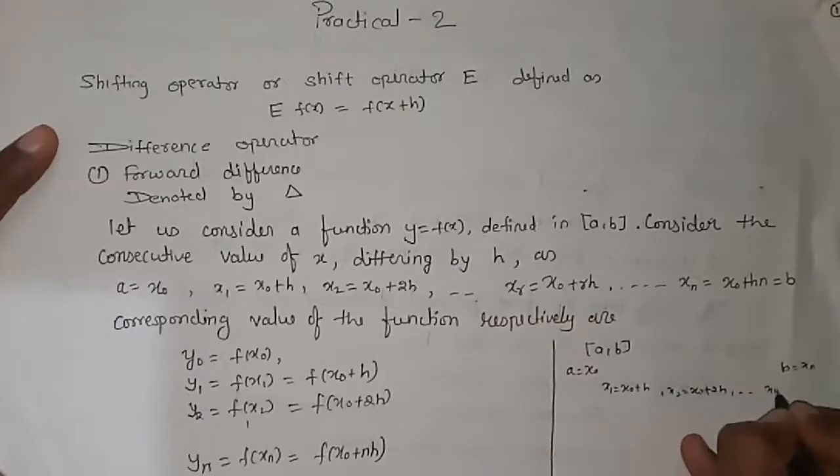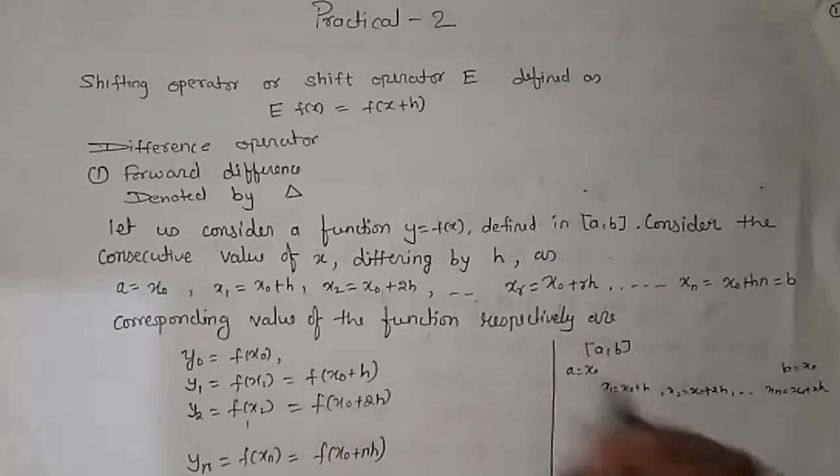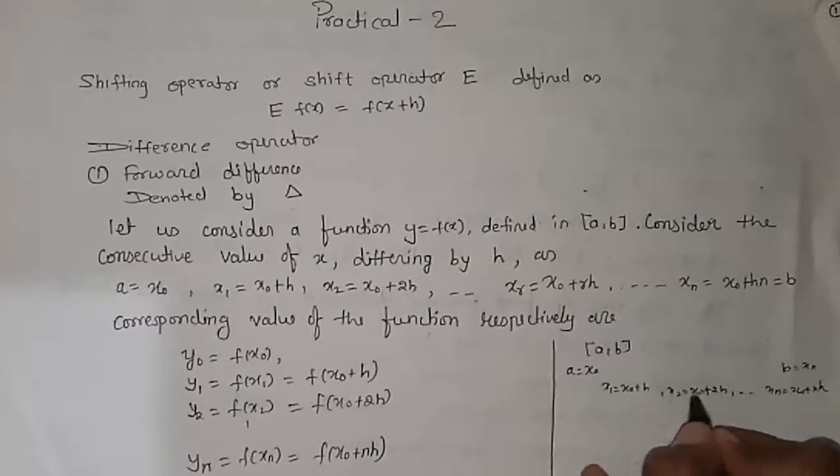Similarly, xn is equal to x naught plus nh, and xn is nothing but b only. So we are giving a name to each point between a and b, including a and b also. Each number differs by h, so we are adding h one by one in every next number.